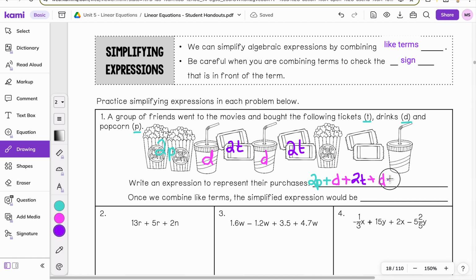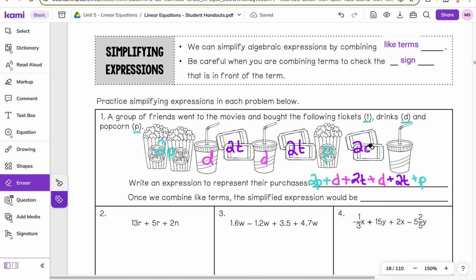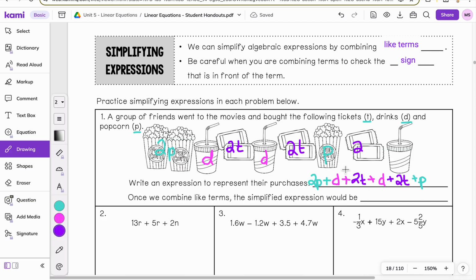So plus 2 more tickets. Plus another popcorn. So we can just say plus P or plus 1P. Plus 2 more tickets. Oops, I'm just drawing the wrong letter. Plus 2 more tickets.